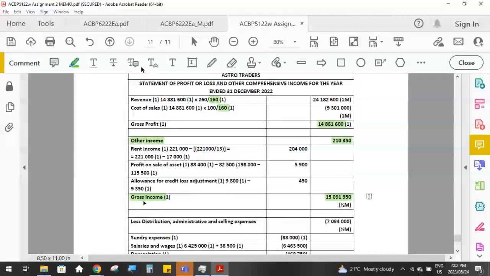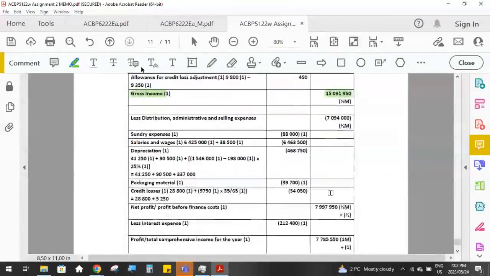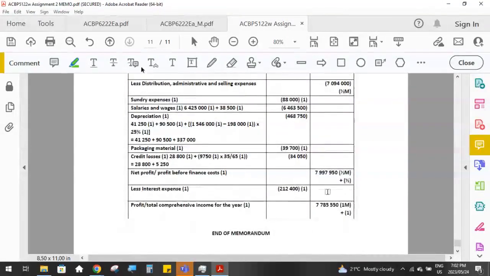And you see there's marks allocated for making sure that you are putting in these subtotals where they are supposed to be. We've then got a gross income. Okay, gross profit plus other income equals gross income. And then after that, we then record all of our expenses. So you can put your less operating expenses, that's what it's usually called.